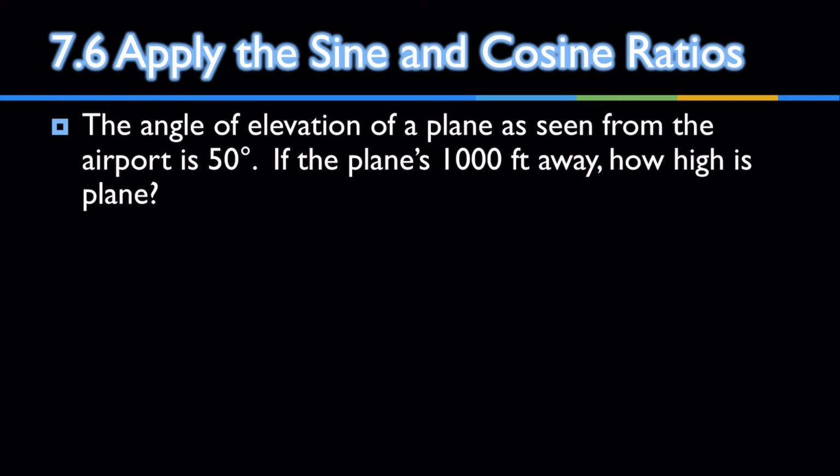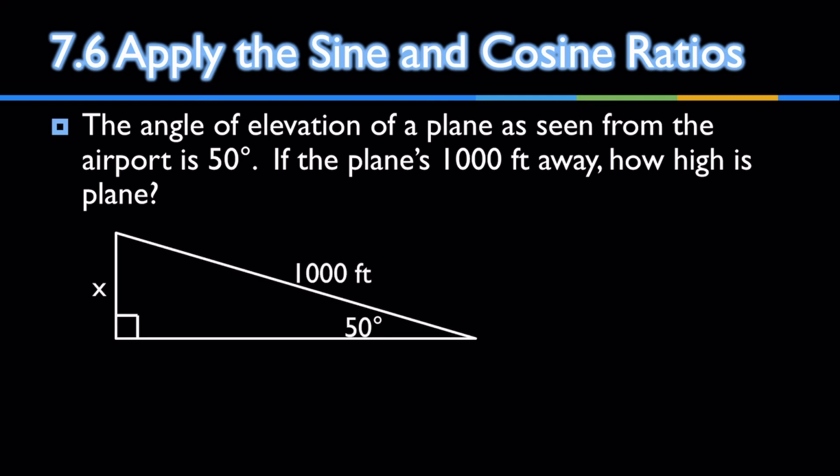So the angle of elevation of a plane as seen from an airport is 50 degrees. If the plane is 1,000 feet away, how high is the plane? Well, let's have a picture. So here is the airport. There's a little tower and the hangar and everything.